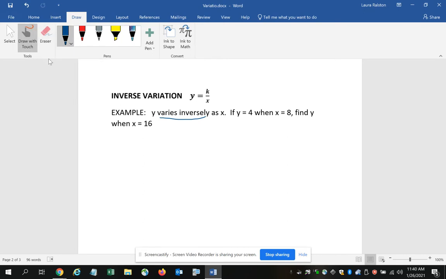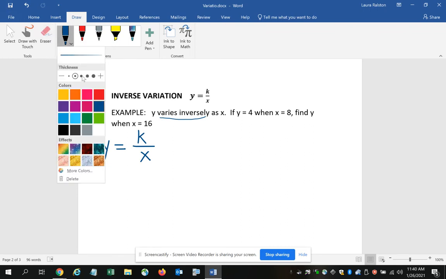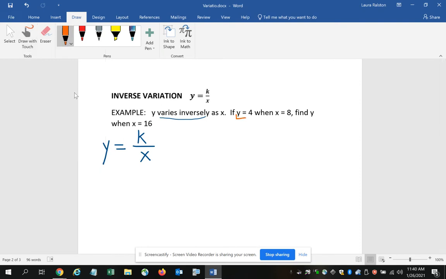And so again, we translate those words into symbols. So I would have y varies inversely as just plain old x. So I have y equals k over x. And again, the problem tells you if y equals 4 when x is 8. Using that information, I can find my constant rate of change, or my unit rate.